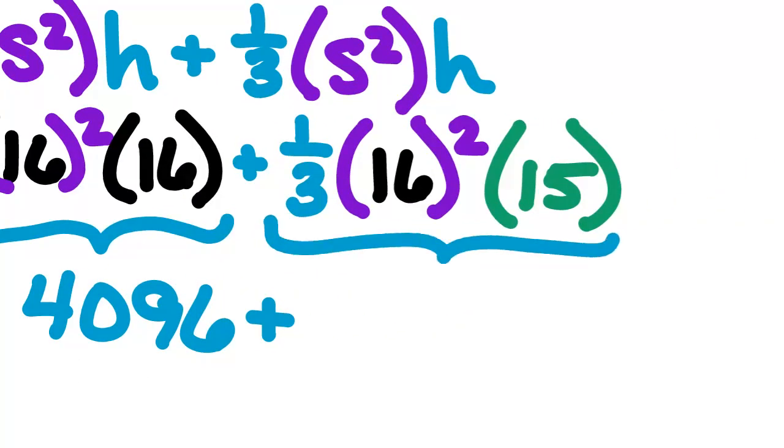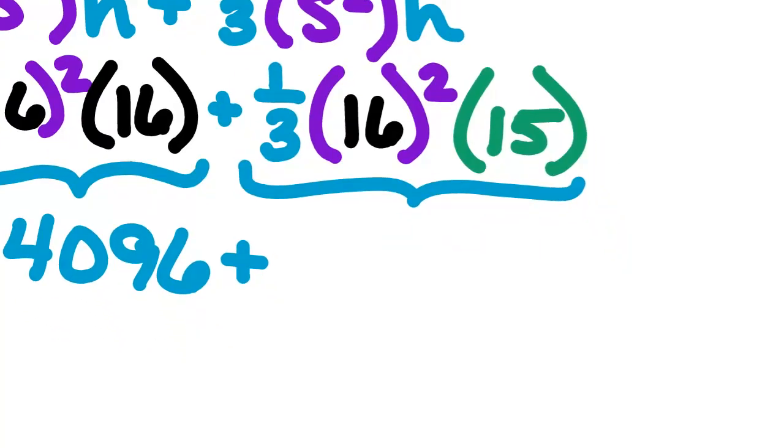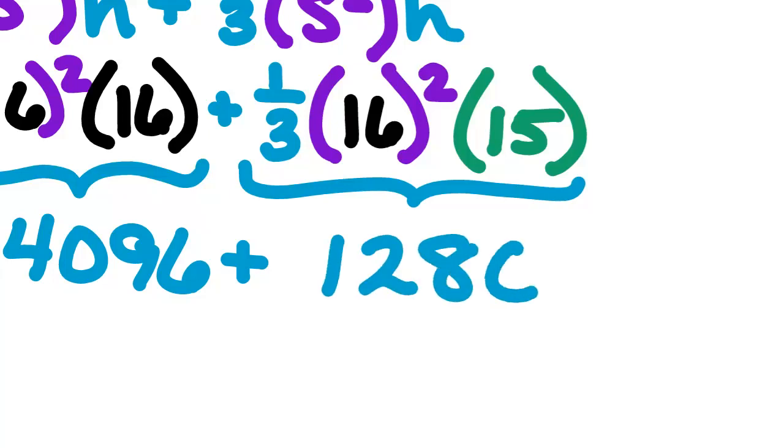Plus, now let's find the volume of the pyramid. 1/3 times 16 squared times 15. 1,280.